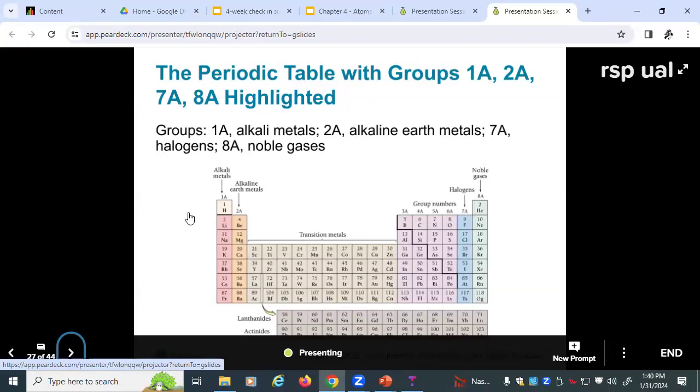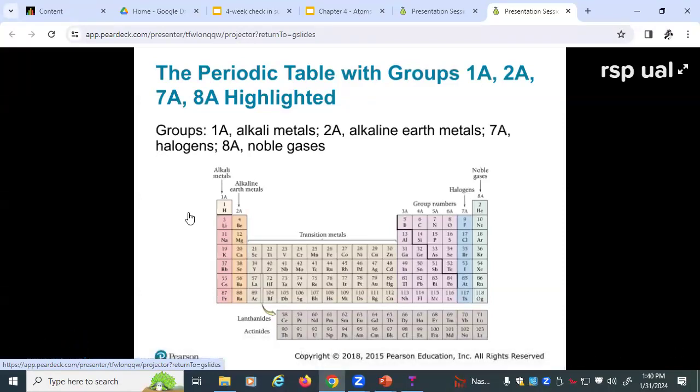In group 2A, group 2, we have what are called the alkaline earth metals. These are also metallic. They have very similar properties to alkali metals, but generally to a lesser extreme. And I'll talk about the differences between those two in a minute.